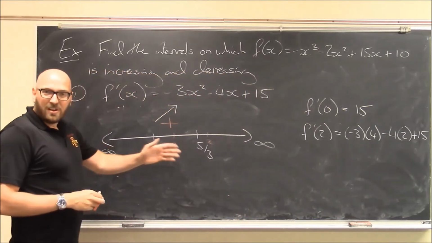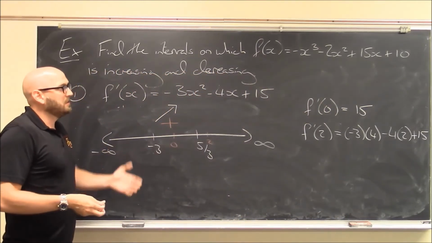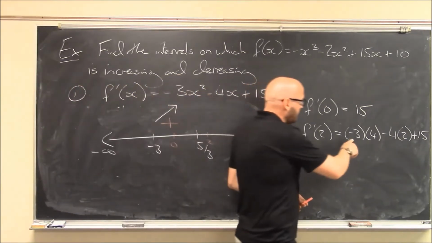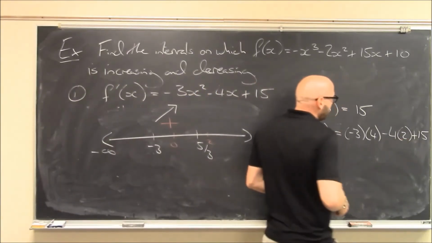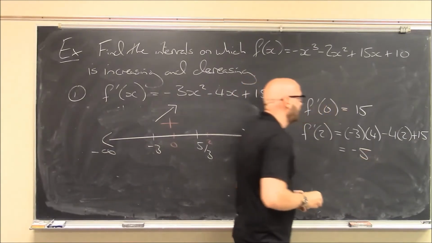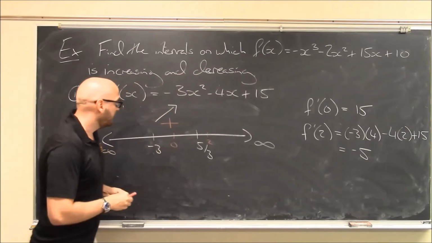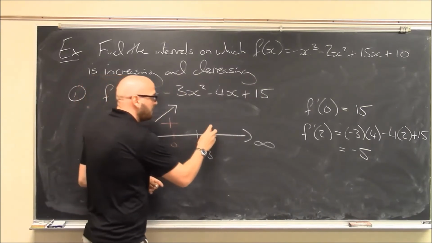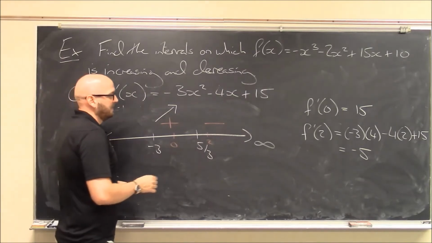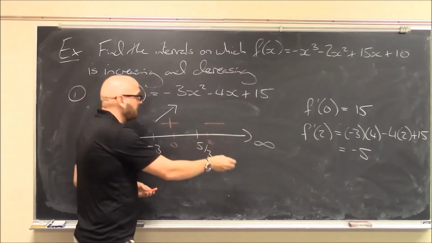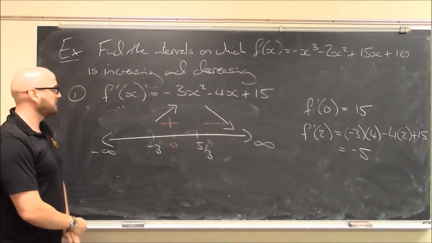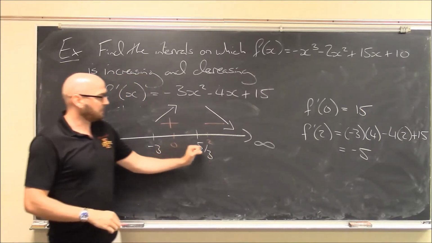If the numbers are hard, you don't really have to know the exact value, you just have to know if it's positive or negative. But here these numbers are pretty simple. I've got minus 12, minus 8, is minus 20, plus 15 is minus 5. The important point is that that's negative. So it's negative at 2. That means it's negative on the entire interval. Well, if I have negative derivative on the entire interval, then I have a decreasing function. So we're decreasing from 5/3 to infinity.